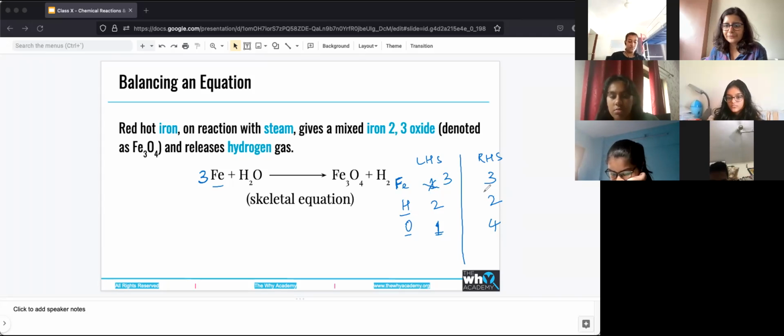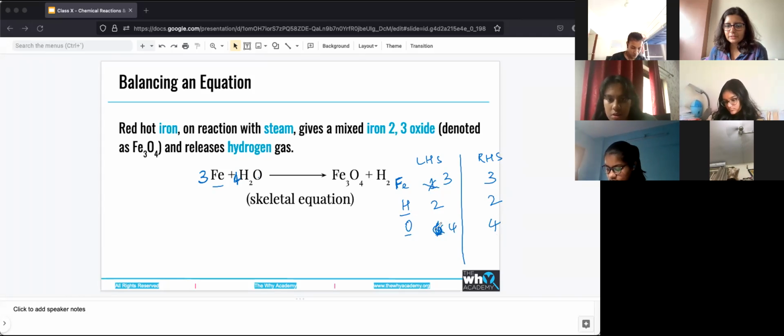Don't look at it. But oxygen is not balanced. Where is oxygen lacking? Which side is it less? LHS. So what can you do to make it equal? Multiply by 4. So 4 into 1 becomes 4, and here there are already 4.